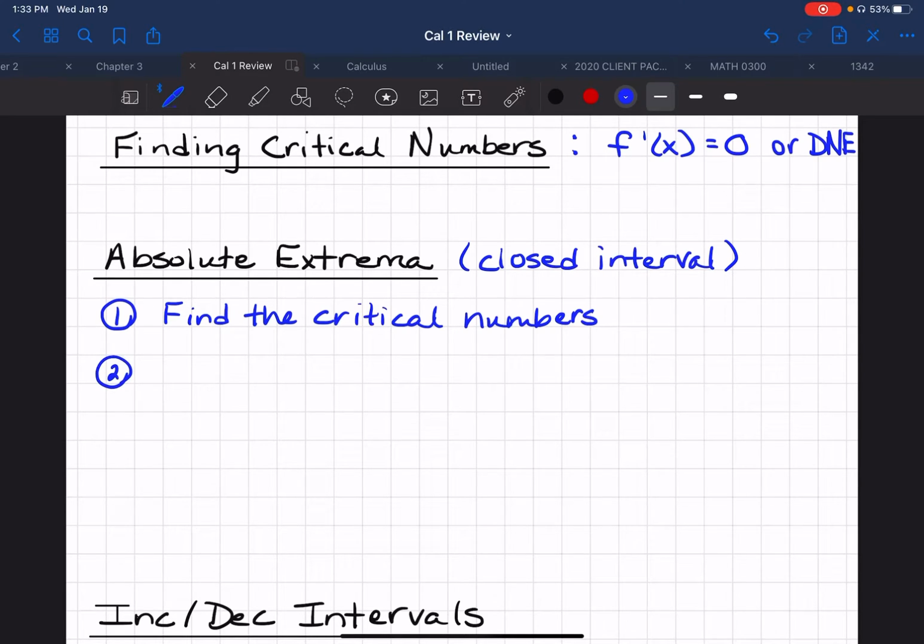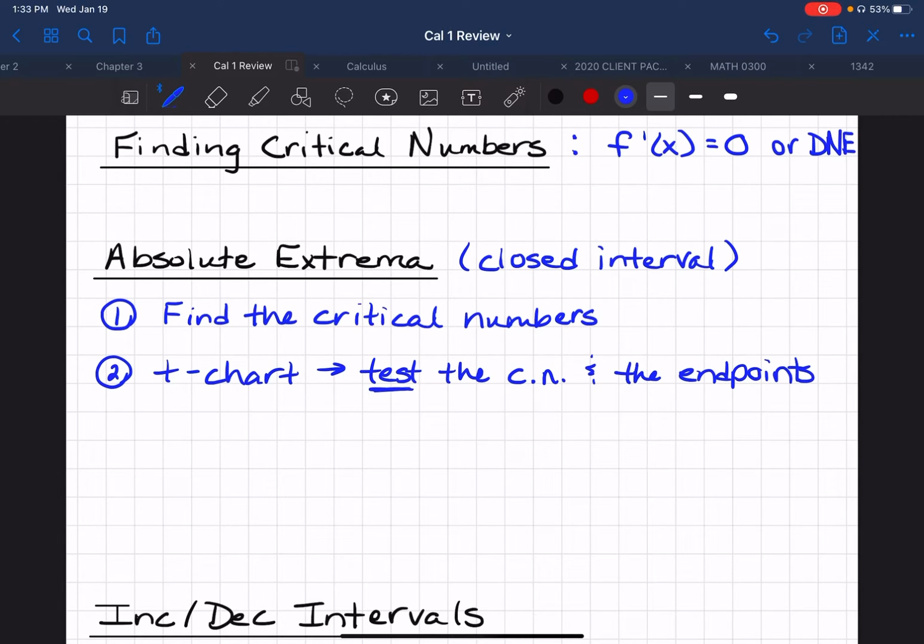Then we're going to make a t-chart, and you're going to test the critical numbers and the endpoints of the interval to see what gives you the biggest and the smallest value, or your minimum and your maximum. And when I say test, that means in the original equation. So you're testing them in f of x.